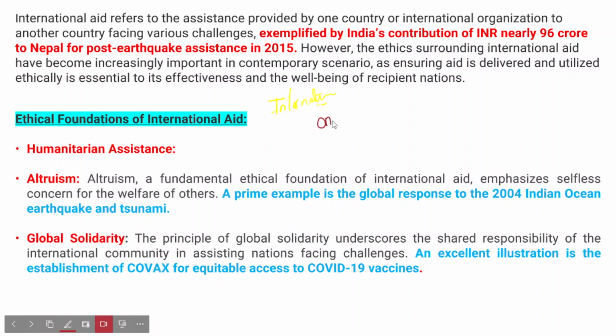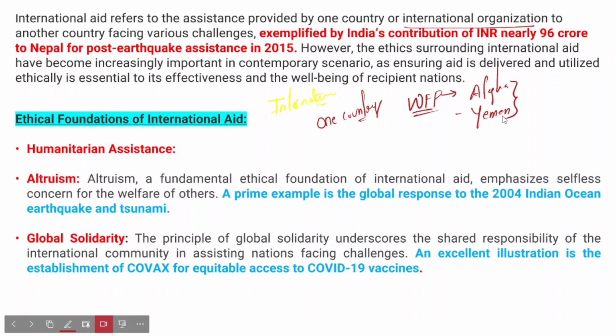Okay, one country provides aid to another country, or any international organization can also provide aid to another country which has been facing various challenges. For example, the World Food Program providing food to countries like Afghanistan and also Yemen, because these countries have been facing humanitarian crisis.